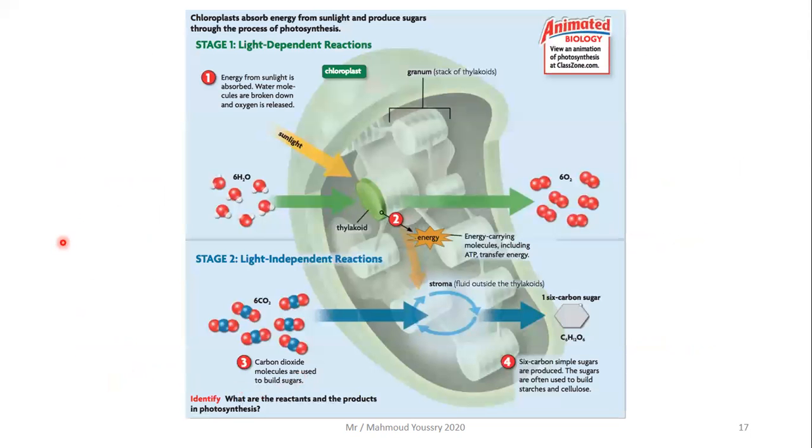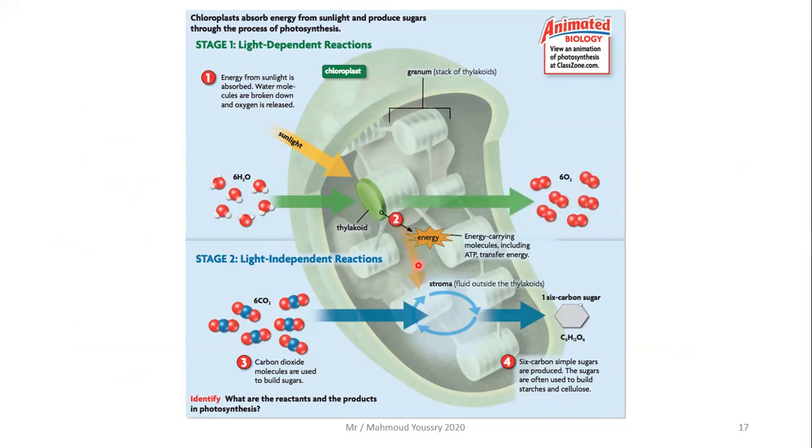And here is the whole process of photosynthesis. I'm sorry, this is the overview of photosynthesis. Inside the chloroplast, we have the thylakoids. We said in stage number one, the light-dependent reactions use chlorophyll. It happens through the thylakoid membrane and in the thylakoid itself. The water molecules are broken down here and the oxygen is released.